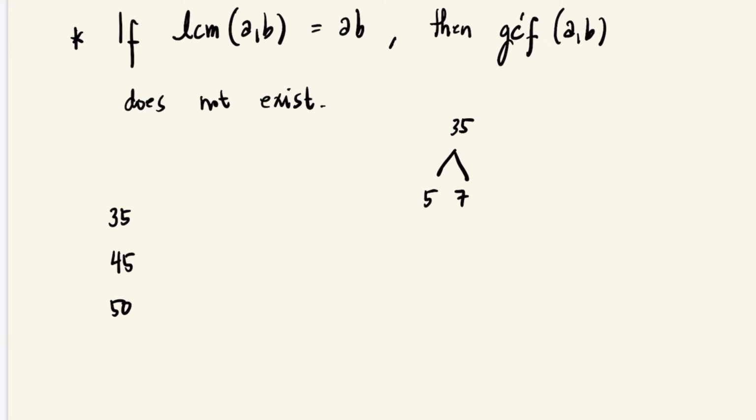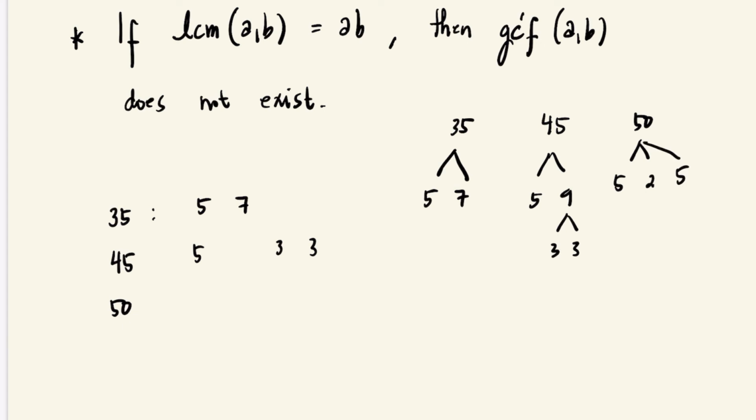In fact, 5 and 7 are already prime, so therefore I can write 5, 7 here. 45, your 45 is 5 and 9, and your 9 is 3 and 3. So I can write 5, 3, 3. Yung 50 naman is 5, 2, and another 5. So therefore, you have 5, you have 2, and 5.